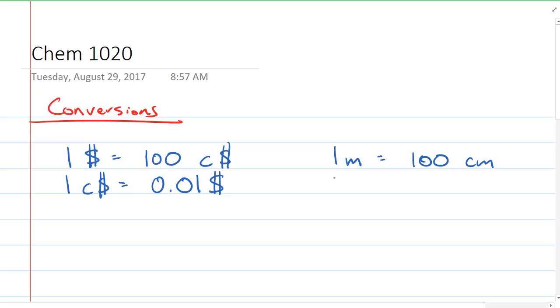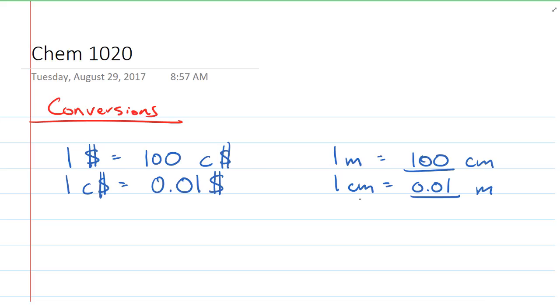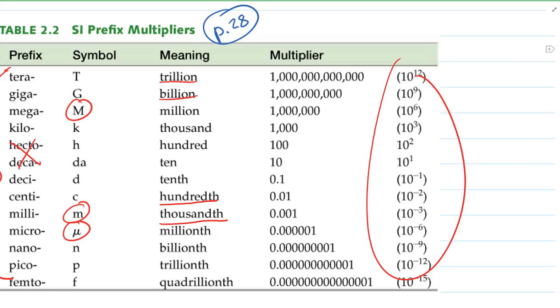Which means if we have 1 centimeter, 1 centimeter is how many meters? 0.01. So we have that analogy. It goes back to the prefix centi meaning 1/100th.